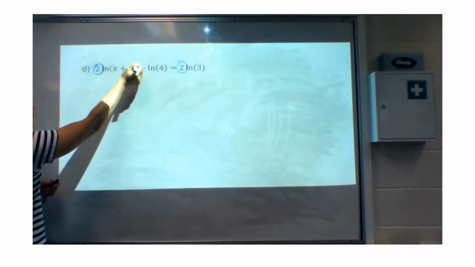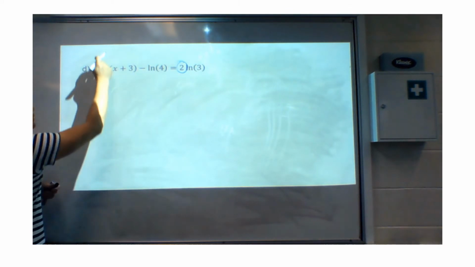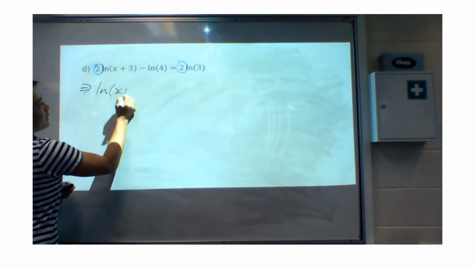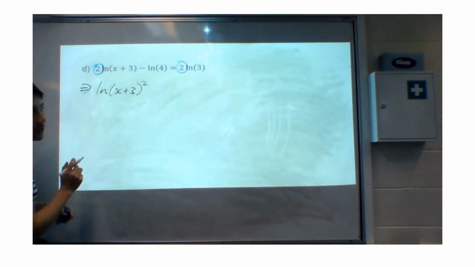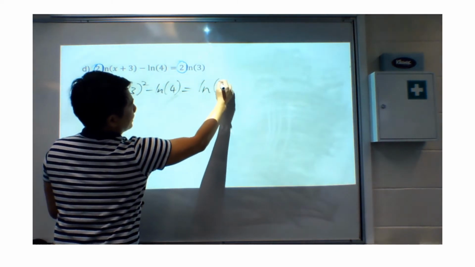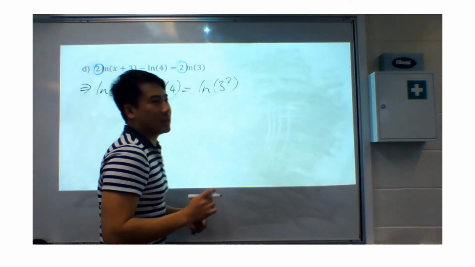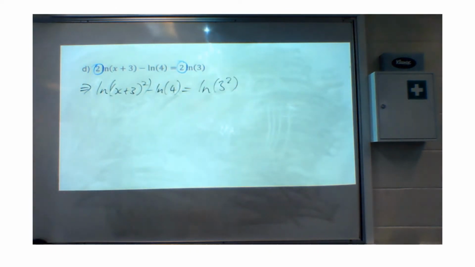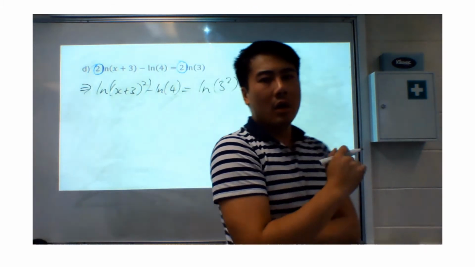We can chuck this in the bracket. That would become ln of x plus 3 squared, take ln 4 equals to ln 3 squared. Or if you want to be super accurate, you can put a bracket around it.